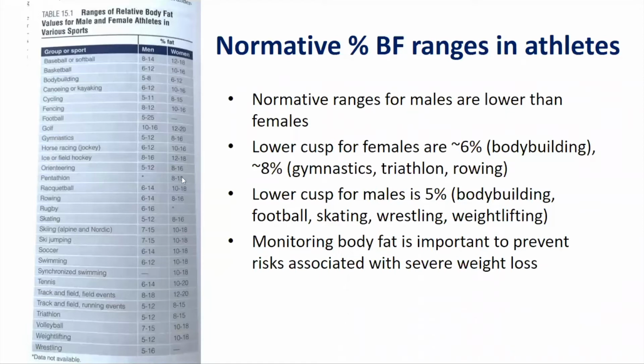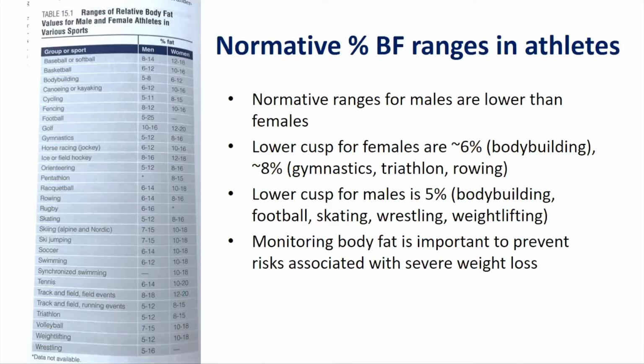in gymnastics at 8%, triathlon and rowing also at 8%. The lower cusp for males is 5%, and that's reported with bodybuilding, football, which is surprising, at 5 to 25%, skating, wrestling, and weightlifting also at 5%.